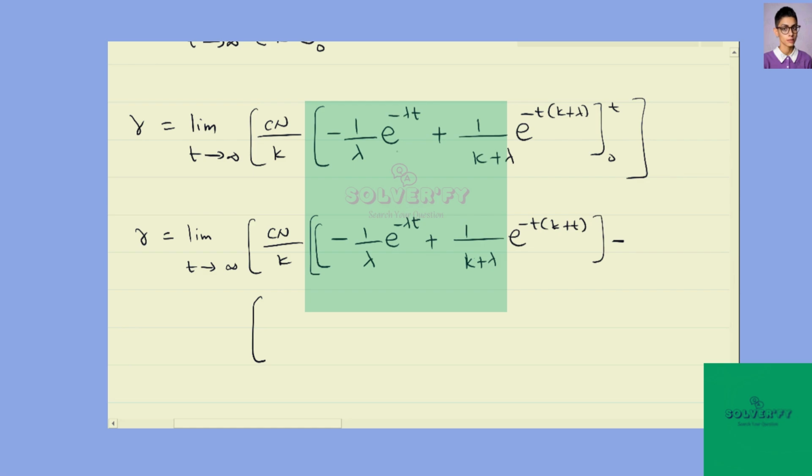You put 0 into them, so the whole thing becomes 1. So that is negative 1 over lambda plus 1 over k plus lambda.